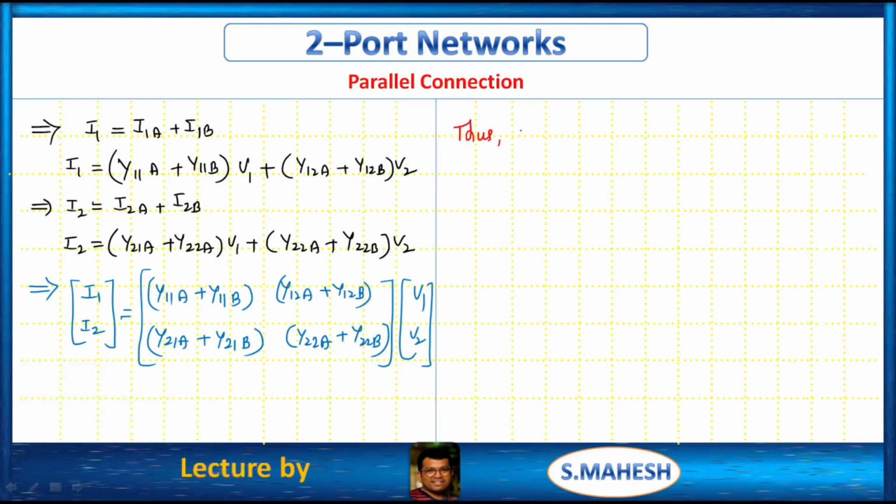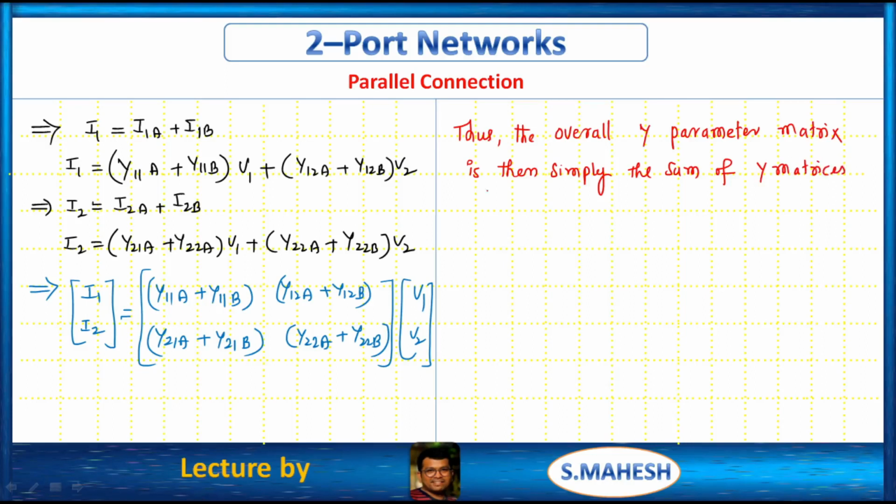Thus the overall Y parameter matrix is simply the sum of the Y matrices of each individual two-port network.